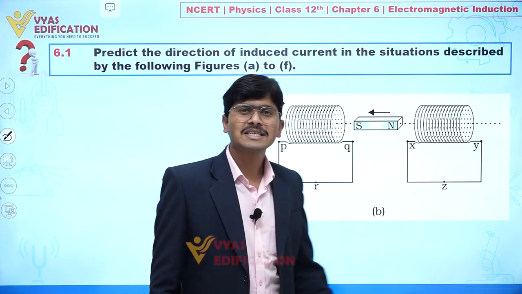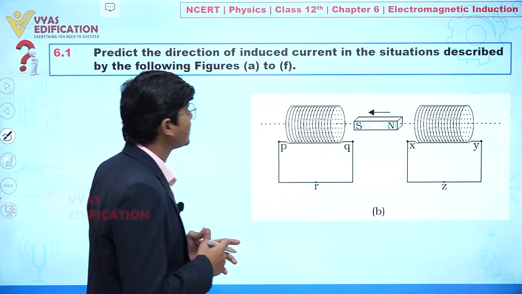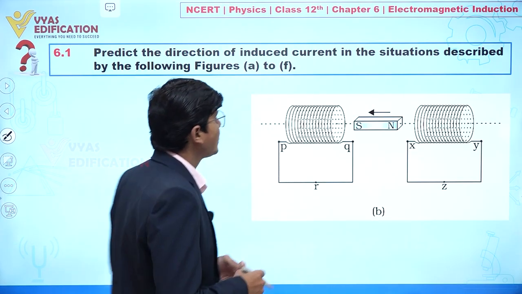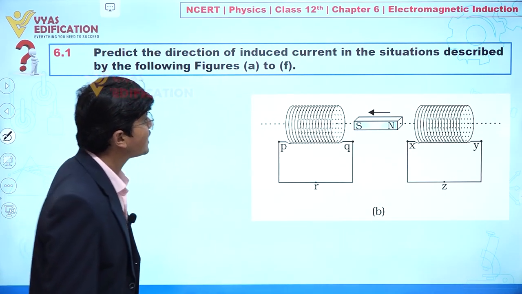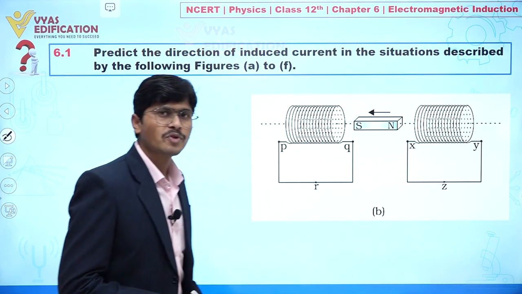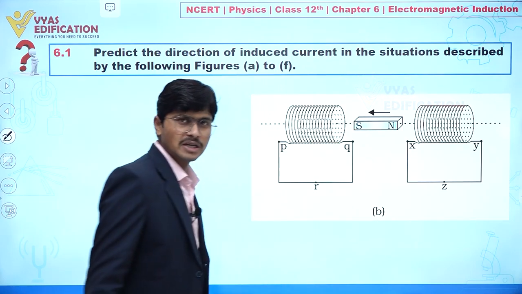Now we are going to discuss figure B, and our objective here is to find the direction of induced current. Again we have a bar magnet, and this bar magnet is approaching this coil. Because this is the south pole, the magnetic field lines going through this section increase.